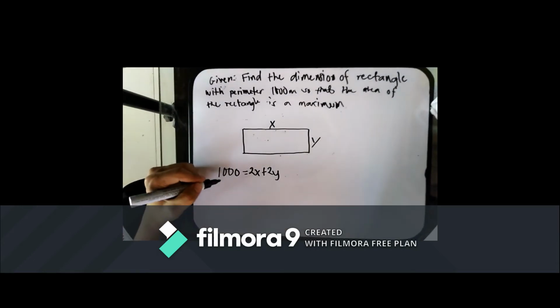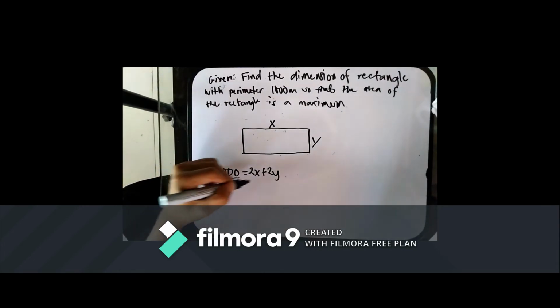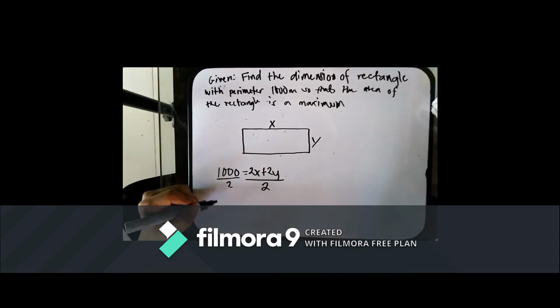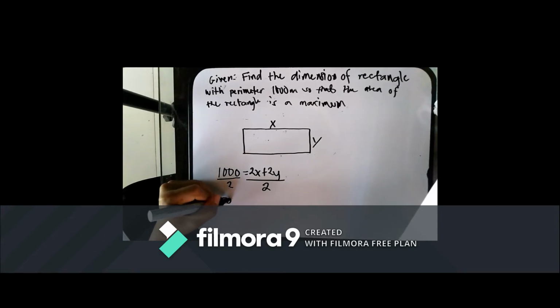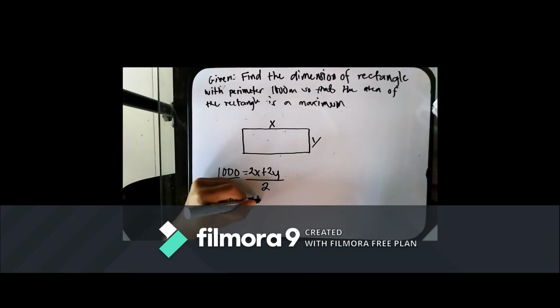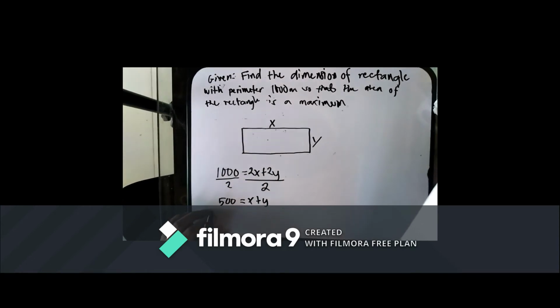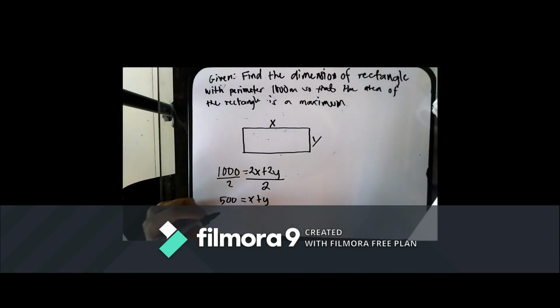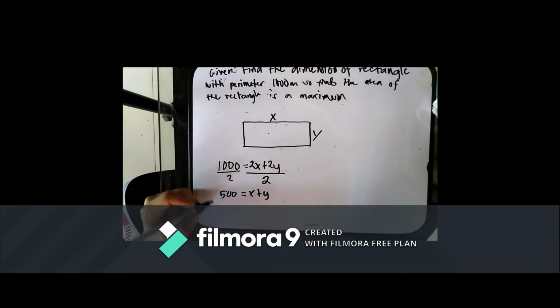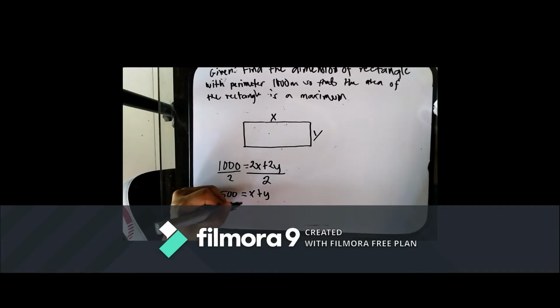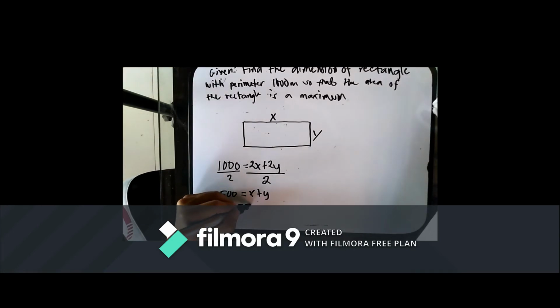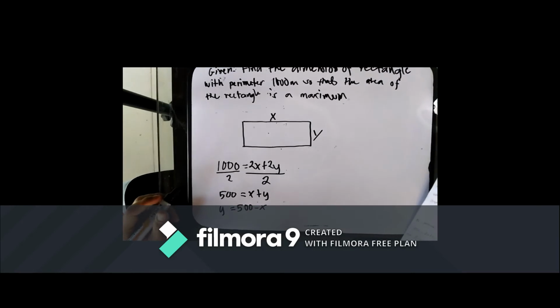Hence, we will divide by 2. So what we get is 500 is equal to x plus y. Then transfer the x to the other side, so y is equal to 500 minus x.